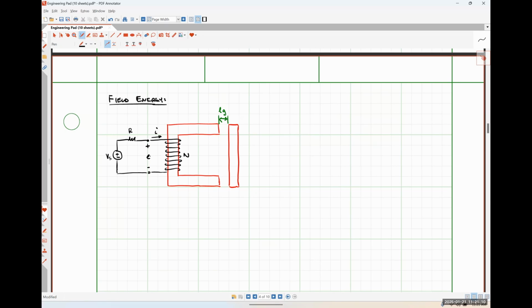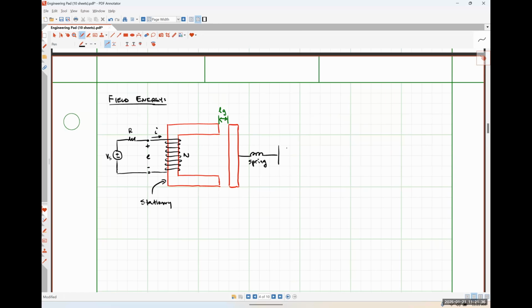Okay. So let's say that this guy right here is the stationary part of my system. And I'm going to do something that we haven't really seen before. Let's say that this leg over here to the right is connected to a spring.